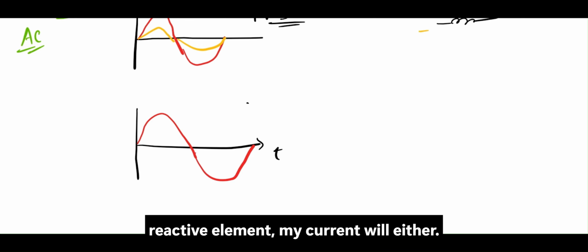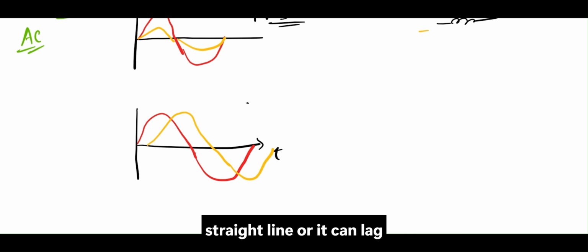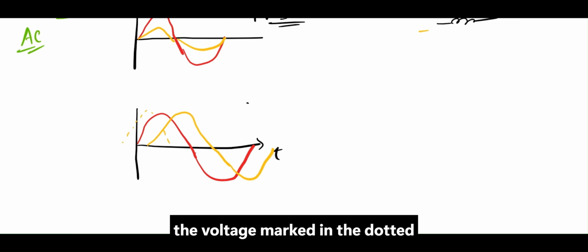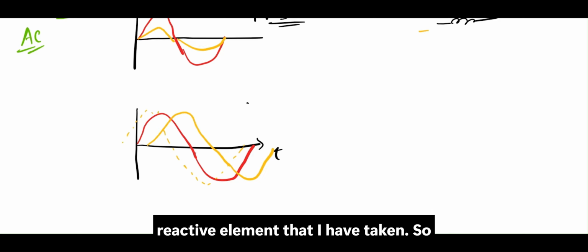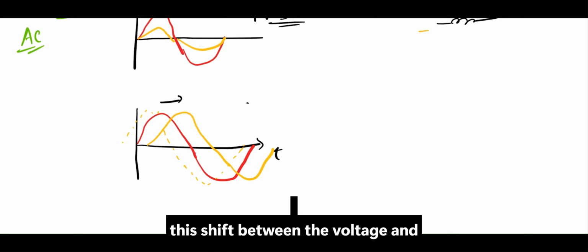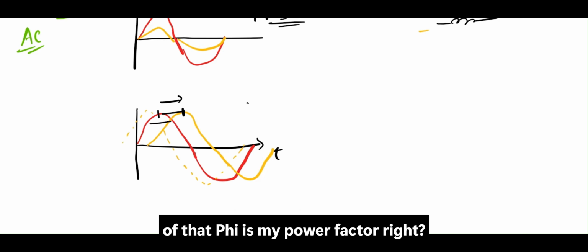Based on the reactive element, my current will either lead the voltage, marked in the straight line, or lag the voltage, marked in the dotted line, based on the reactive element that I have taken. This shift between the voltage and current is nothing but phi, and the cosine of that phi is my power factor.